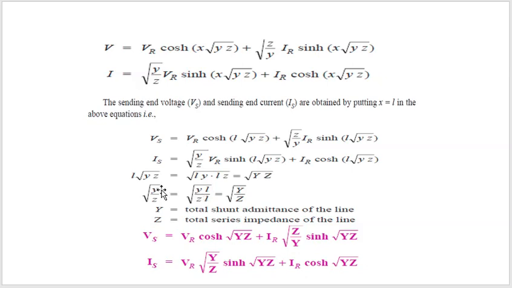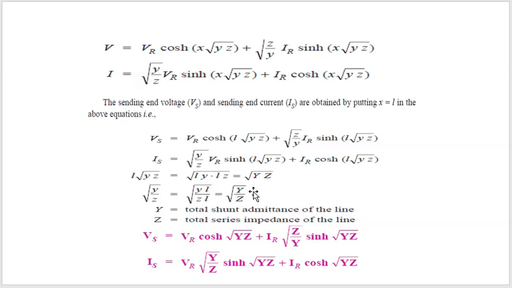In the same way, √(y/z) is equal to y into L divided by z into L, meaning the total admittance and the total impedance of the line. And it is stated in these lines that Y is the total shunt admittance of line and Z is the total series impedance of line.